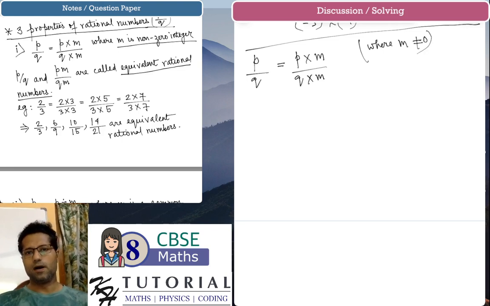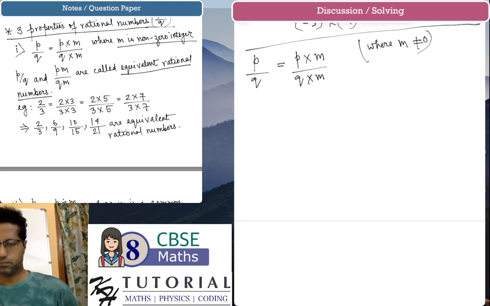So given a rational number, I can always multiply both the numerator and the denominator by some non-zero number, and the rational number will remain unchanged, meaning these two rational numbers will be the same.